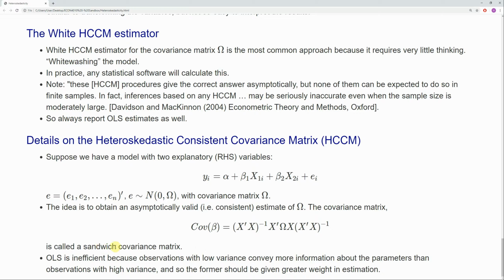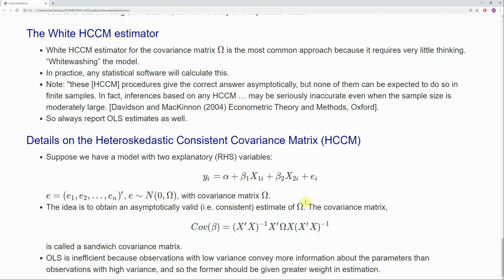So what it does is create this covariance matrix for your beta, and then using the new estimates of that matrix, you can create the new t-test and new f-test, because your standard errors are now different from the case of homoscedasticity.